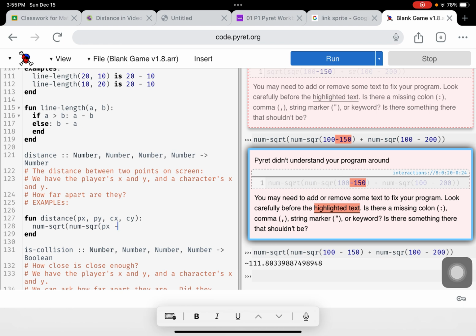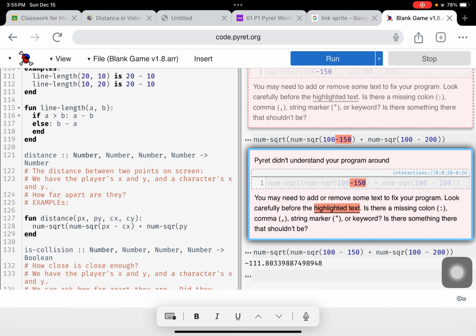Make sure you subtract the x's. You could also use that line length function, but it's subtracting. It's going to make it positive after you square it anyway, so you don't need to do the line length function. And then num-sqr and subtract the y's.